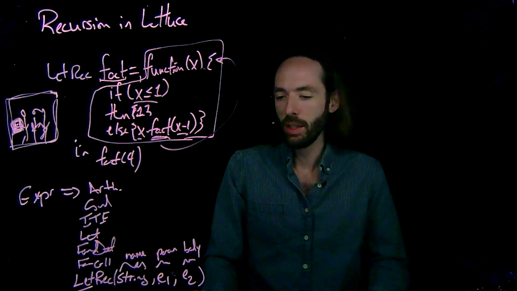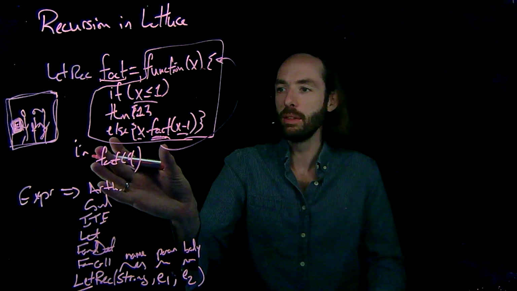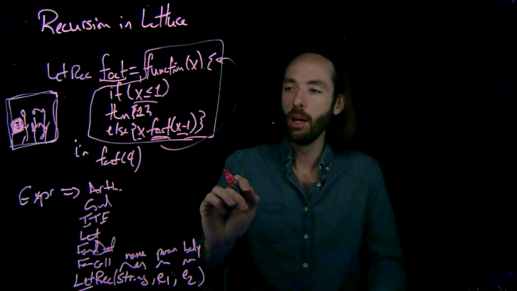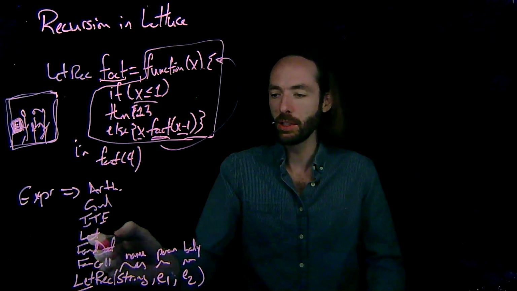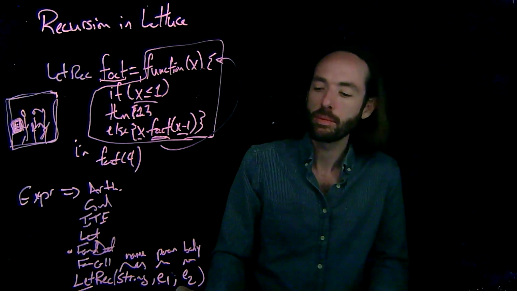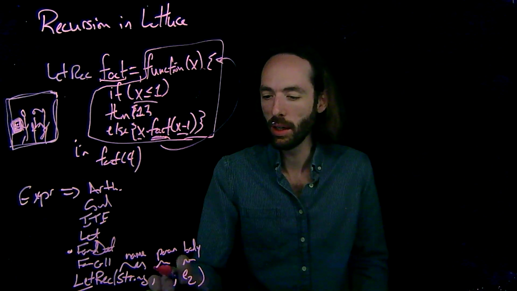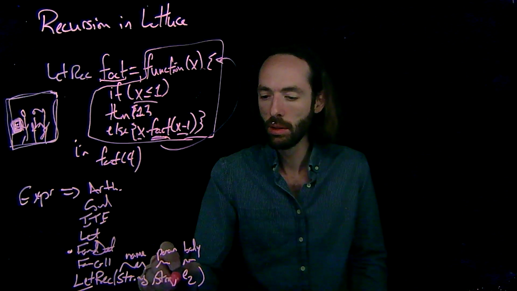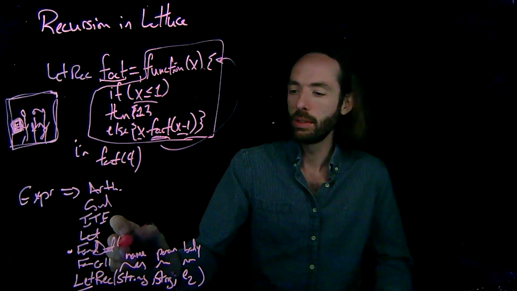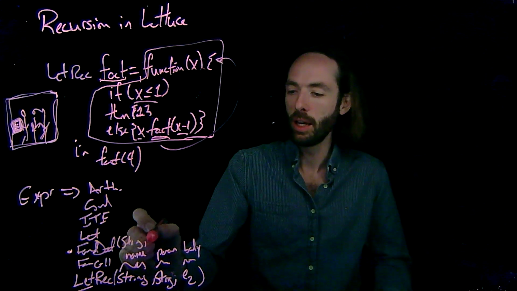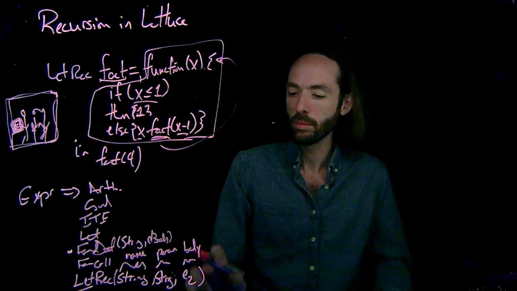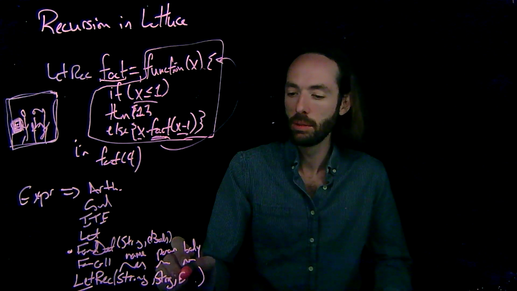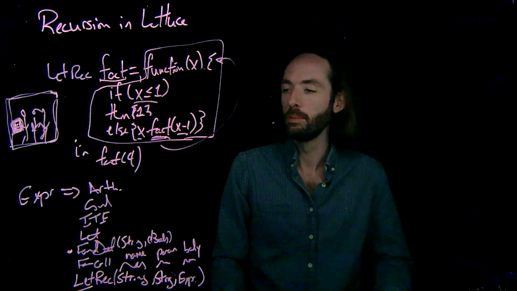It's basically the exact same structure as our normal lets, combined with our structure for fundef. In fact, this should be a string. Sorry, there should be two strings, because fundef is a string and a body. So this should be expression. There we go.